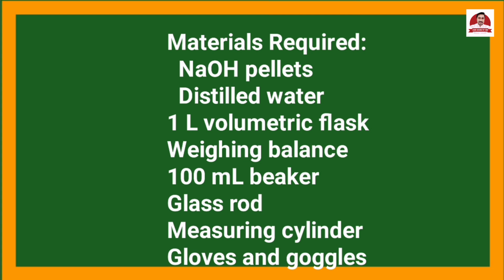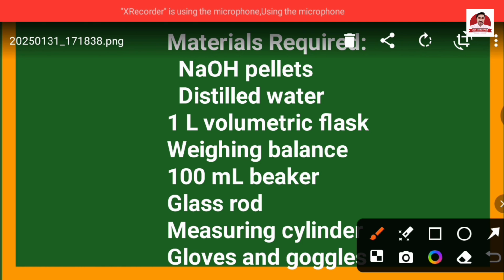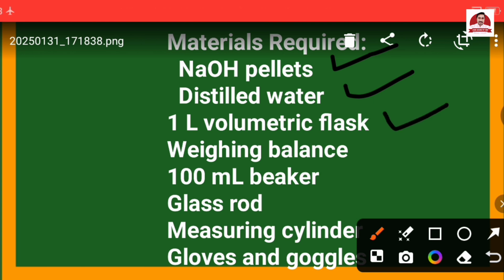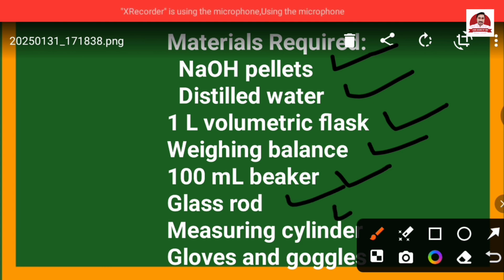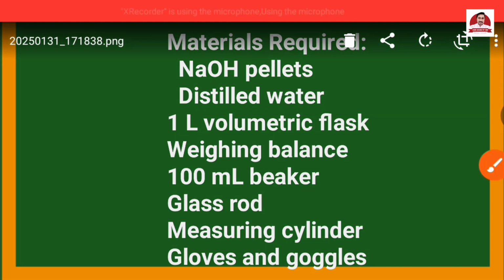The materials required for this are sodium hydroxide, distilled water, a 1 liter volumetric flask, weighing balance, 100 milliliter beakers, glass rod, measuring cylinder, and for safety purposes gloves and goggles. These are the materials which we require for the preparation of sodium hydroxide solution.